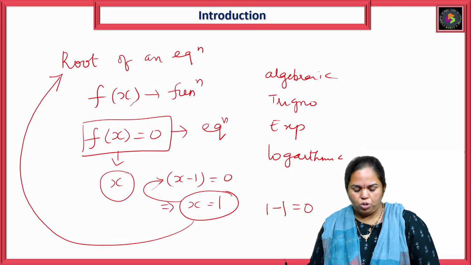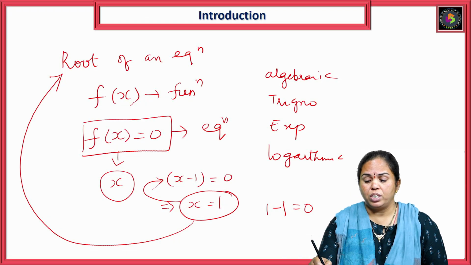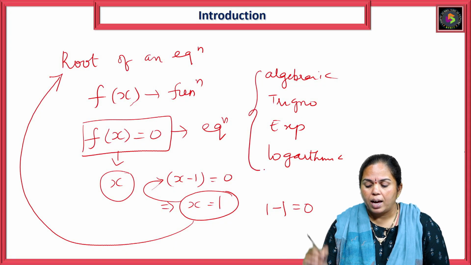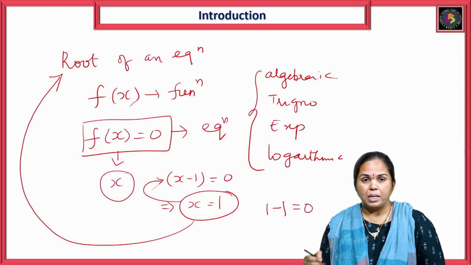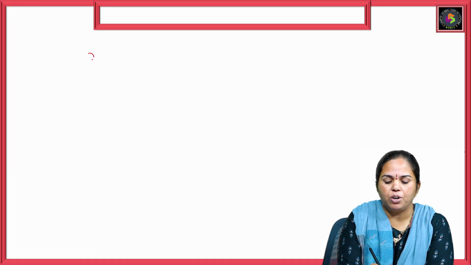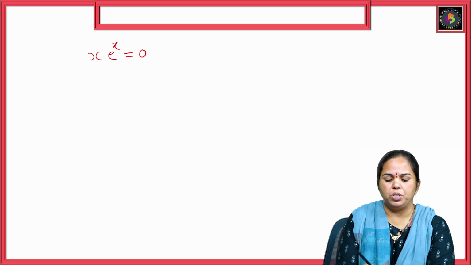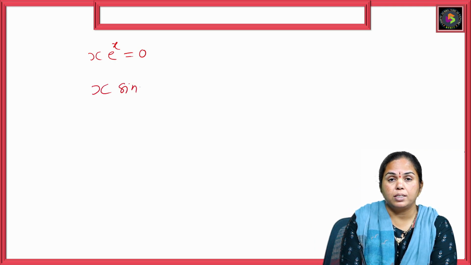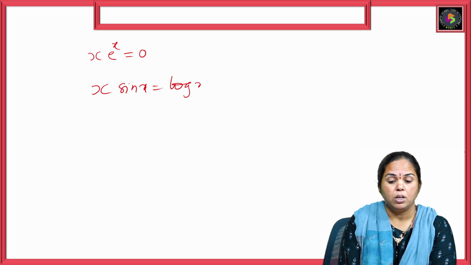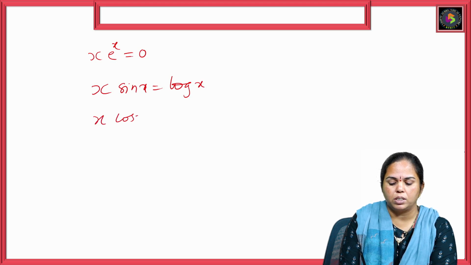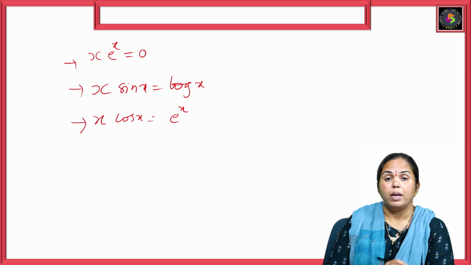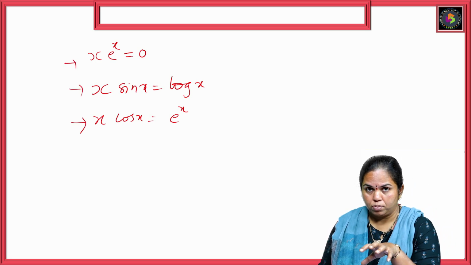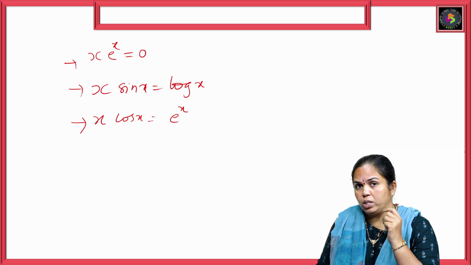From school age, we have seen how to solve equations of these forms: algebraic, trigonometric, exponential, logarithmic. But for example, if I have an equation of this type, x e power x is equal to 0, or x sin x is equal to log x, or x cos x is equal to e power x, then how can I find the solution for these models?